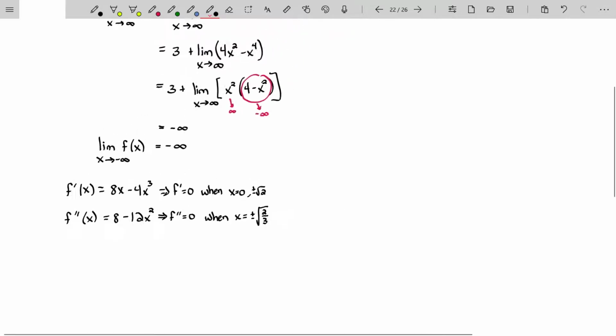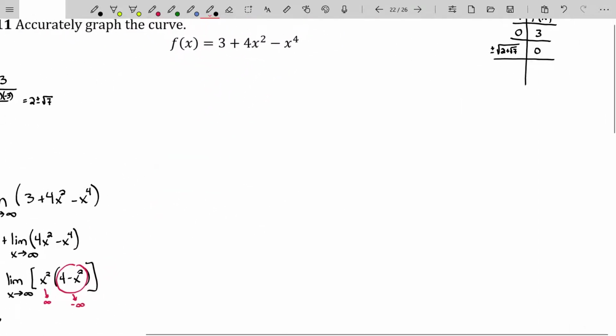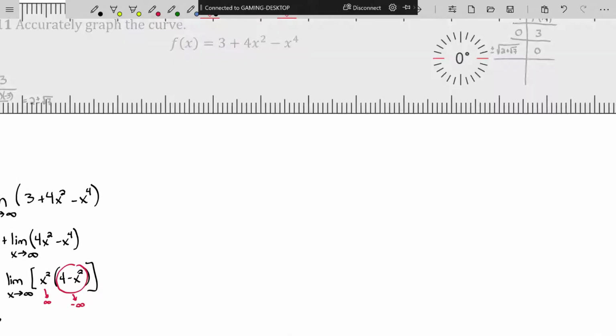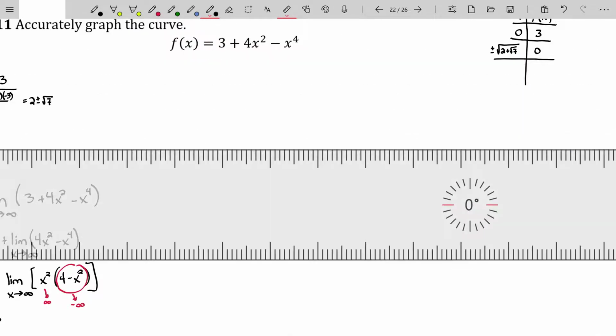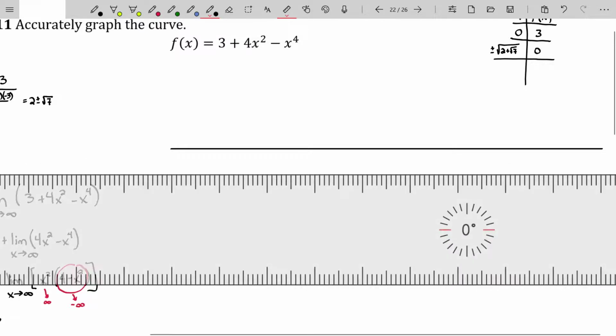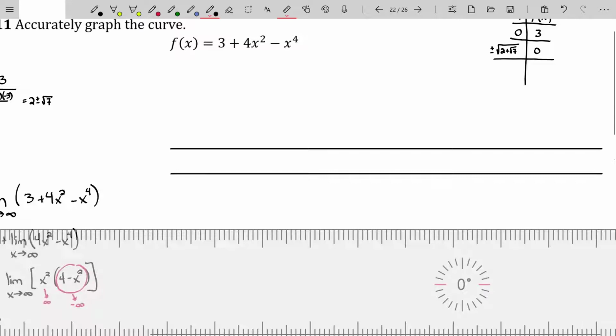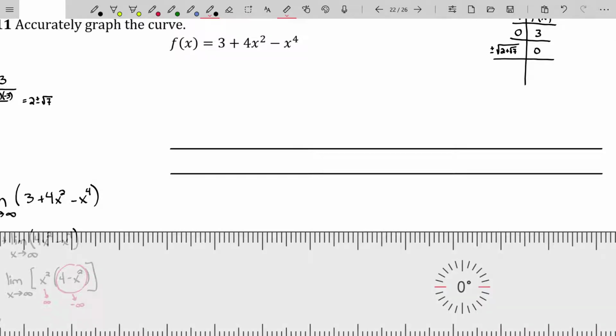I'm going to stack them appropriately one above the other. So let me go ahead and bring in this bad boy right here, and I will just graph this out. And right below it, not too far below, I'm going to graph a second number line. Do I need anything else? Nope, I don't think so.